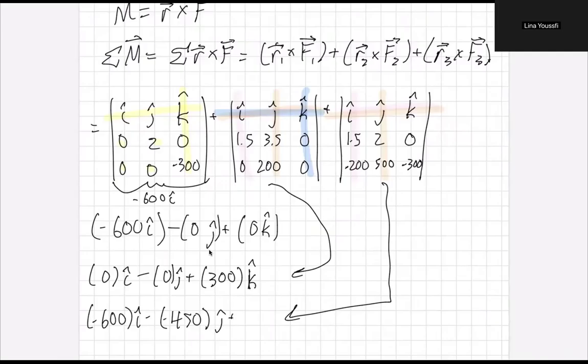All right, now for the k direction. I've got 1.5 times 500, and then minus negative 200 times 2.